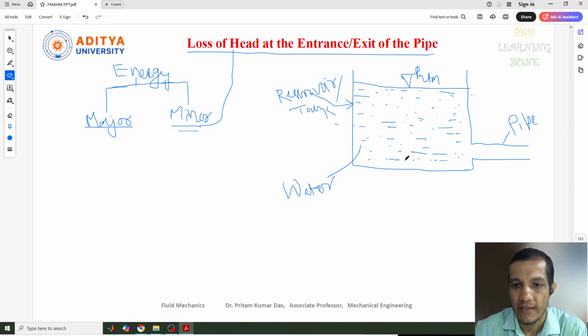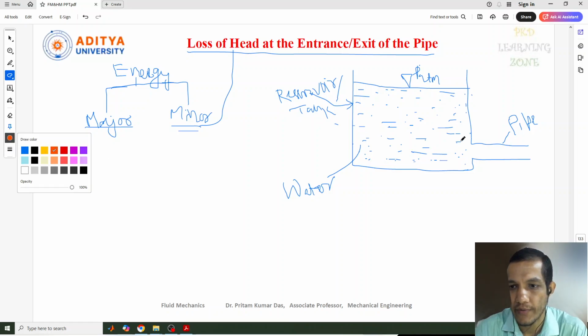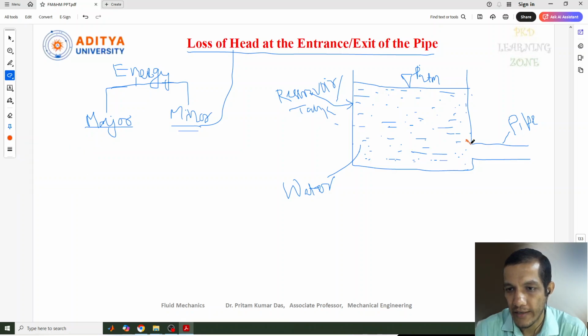Now if you see, when the water is coming out from this container to this pipe, how will the flow pass through? Let's draw it this way. Suppose when the liquid is coming out from this container, you can see the liquid will become like this, because suddenly it is contracted here.